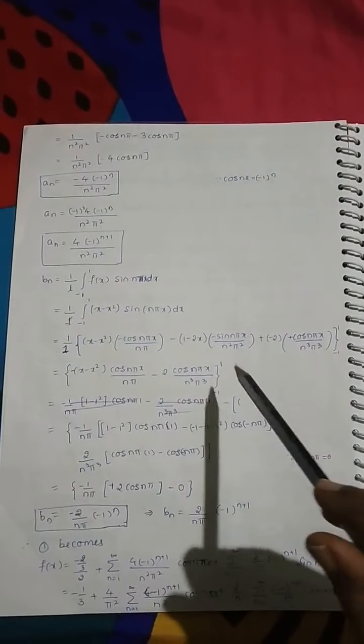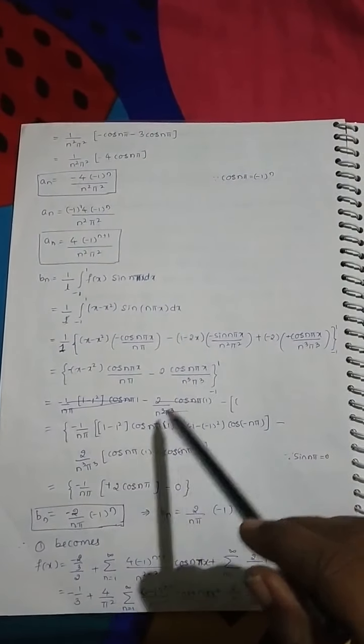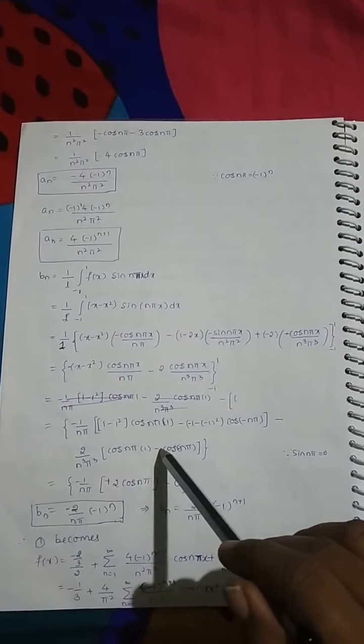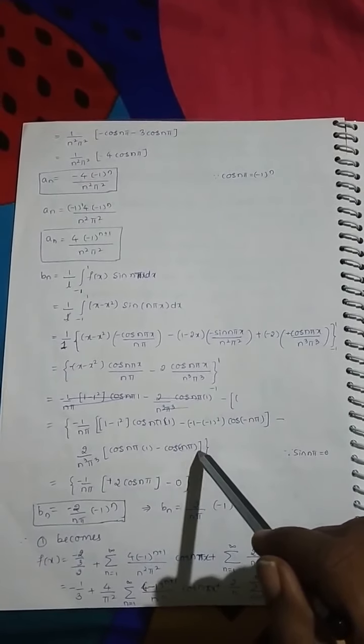Next, for this term applying upper and lower limit, that is 2 upon n cube pi cube into bracket cos n pi of 1 minus cos of minus n pi.